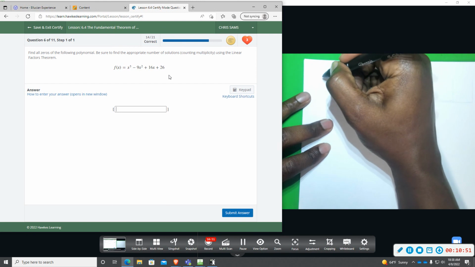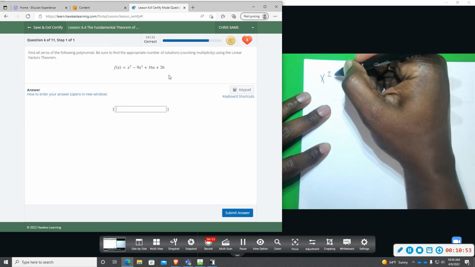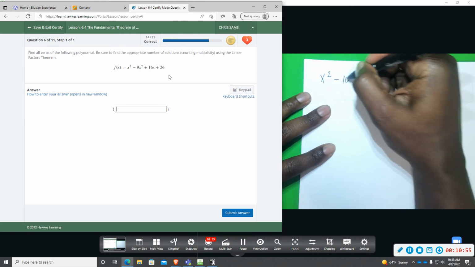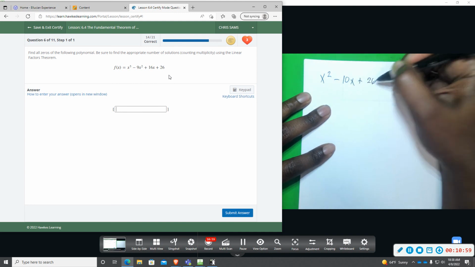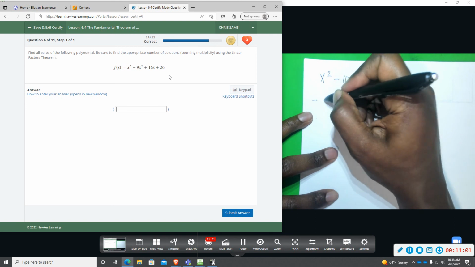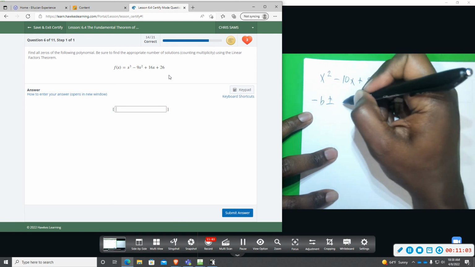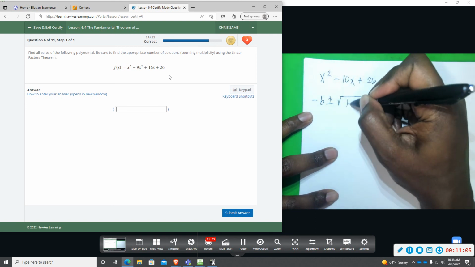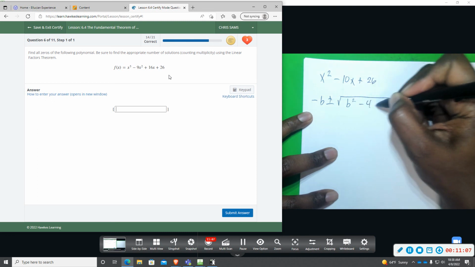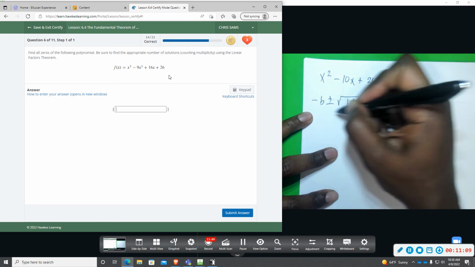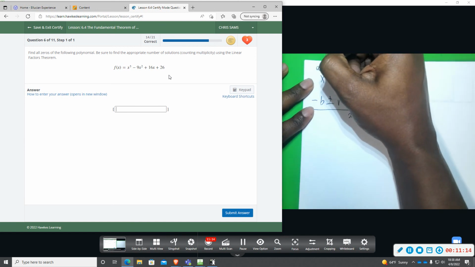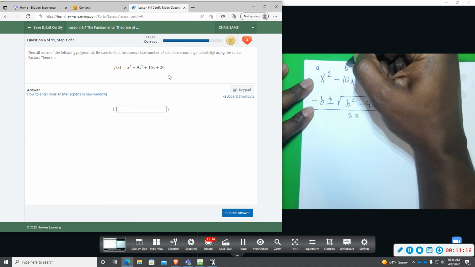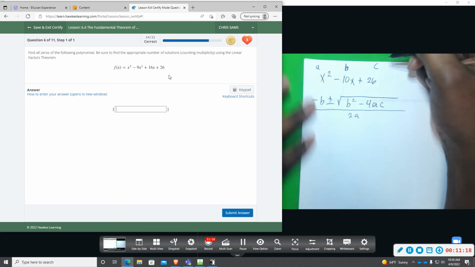So now I have x squared minus 10x plus 26. All right, so we're going to do negative b plus or minus the square root of b squared minus 4 times a times c all over 2 times a. And remember, this number is a, this middle number is b, and then this constant is c.